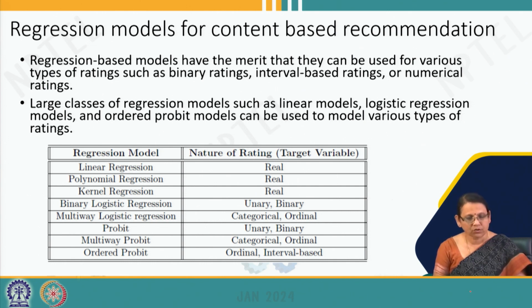Similarly, it can be extended to multi-way regression, and we have probit models for unary and binary, multi-way probit for categorical and ordinal variables, and ordered probit for ordinal and interval based variables. Out of these we will choose the first one, because we have already seen various classification models which fit well with categorical variables. Therefore, we will focus only on linear regression.